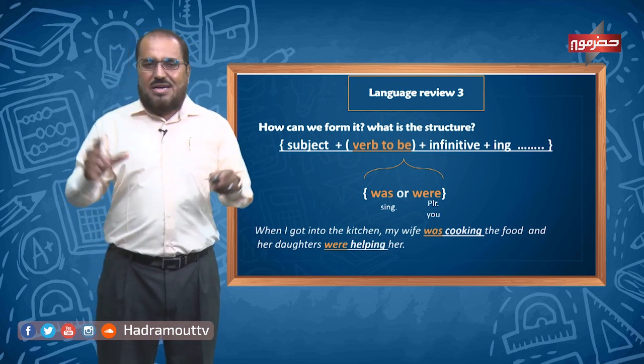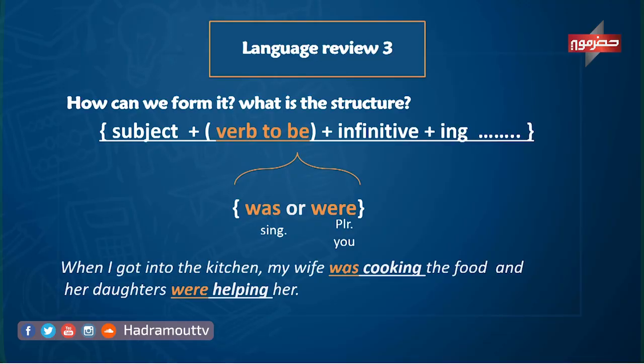Okay, that is setting a scene here, as if you see the kitchen, a mother and her daughters, all at work, the mother cooking, the daughters also helping her. This is setting a scene. This is what we want here.